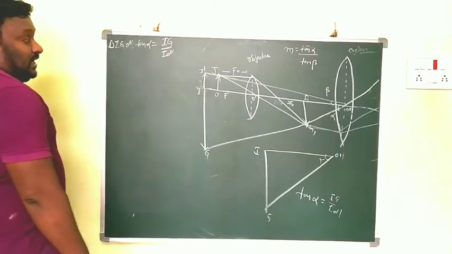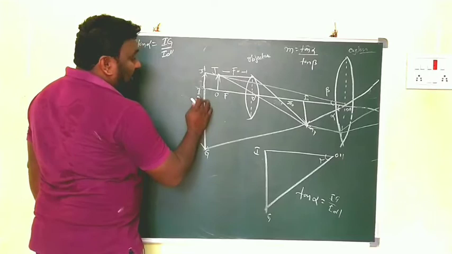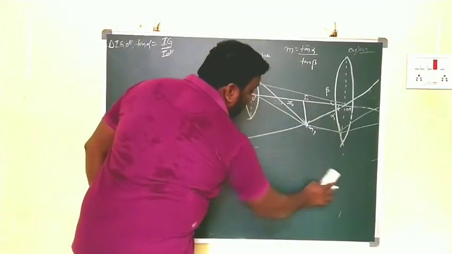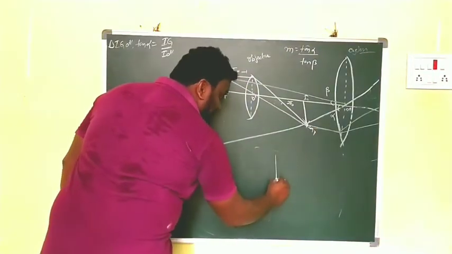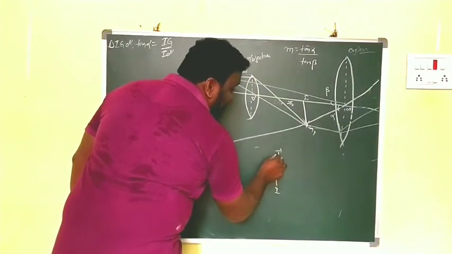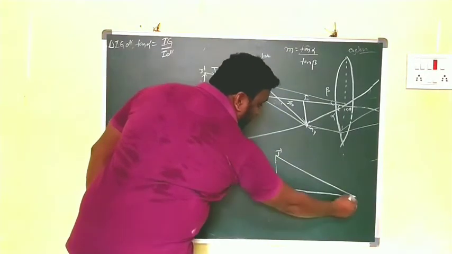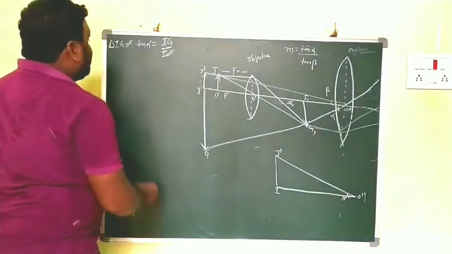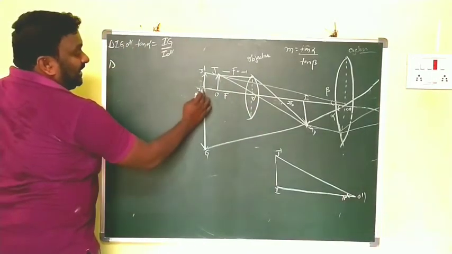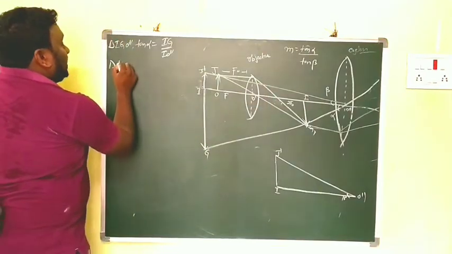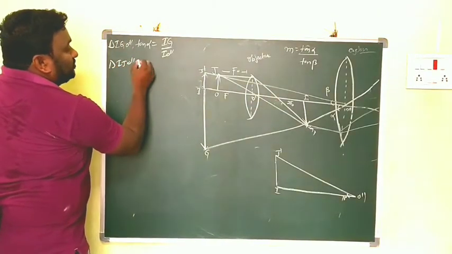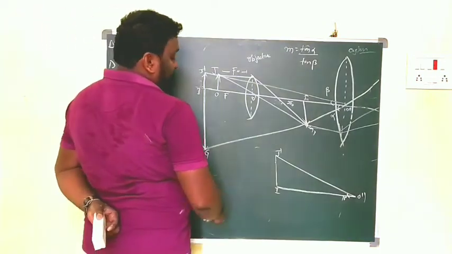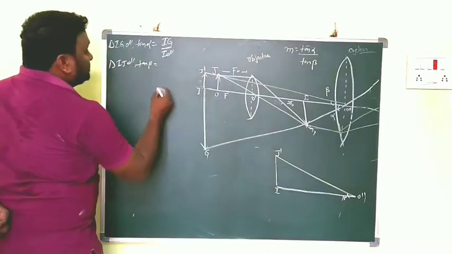Clear? And after that we go for another triangle, IJ dash O double dash. It looks like this. This is IJ dash and this is O double dash, and this angle is beta. From this triangle, tan beta equals IJ dash by IO double dash.